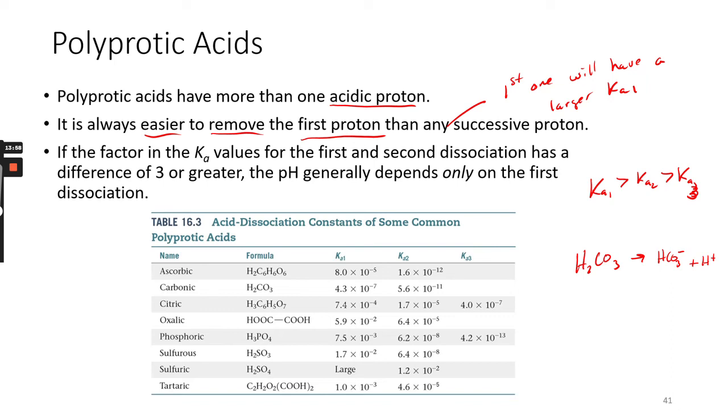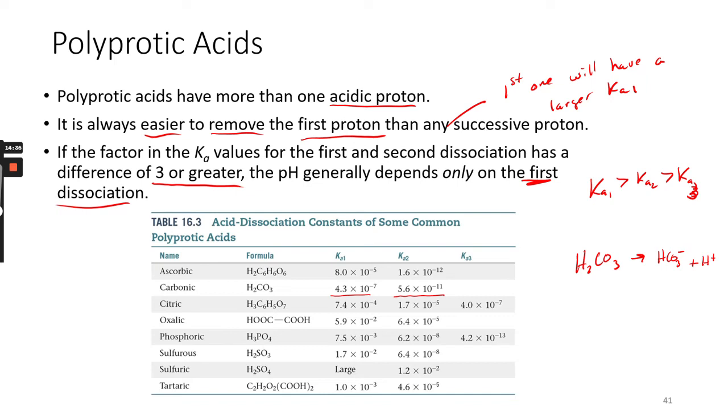And if you look here, Ka1 for carbonic acid is 4.3 times 10 to the minus 7. Ka2 is more than 3 orders of magnitude different. If the Ka values for the first and second dissociation differ by a factor of 3 or greater, so this went from negative 7 to negative 11, which is greater than 3, the pH generally only depends on the first dissociation, so you can assume only the first one is controlling the pH.